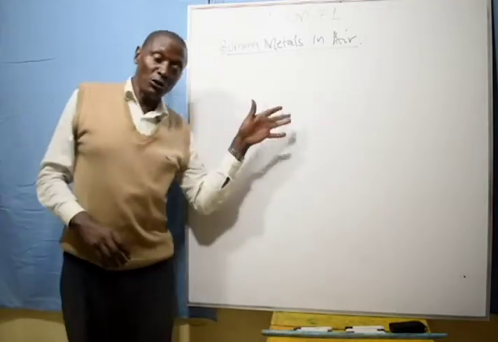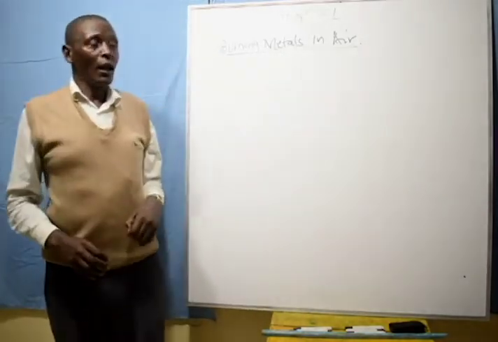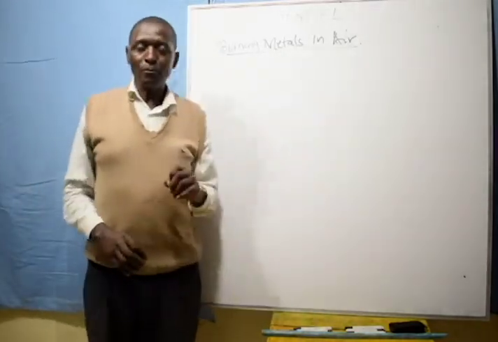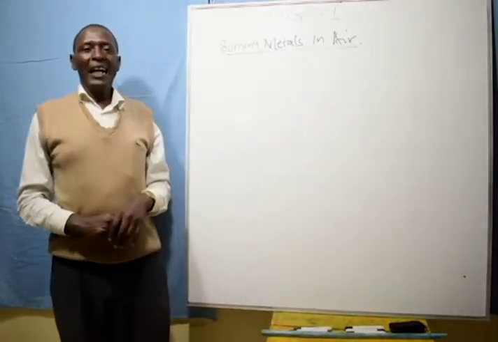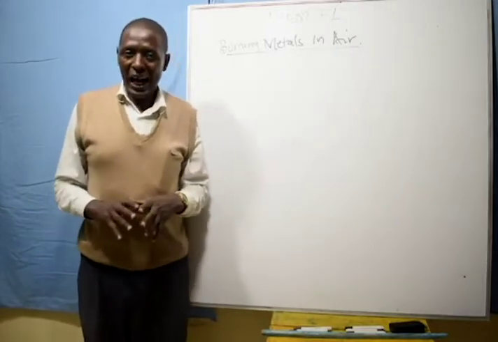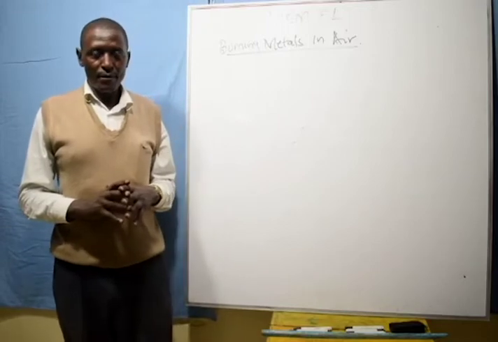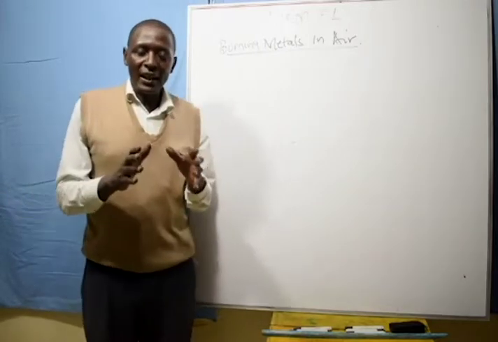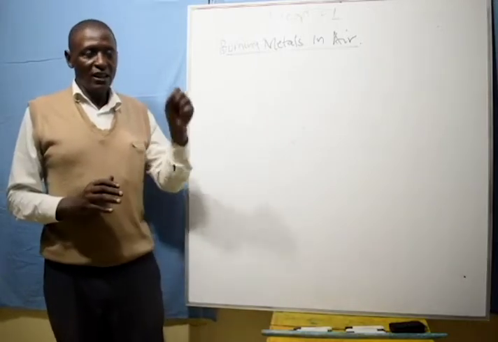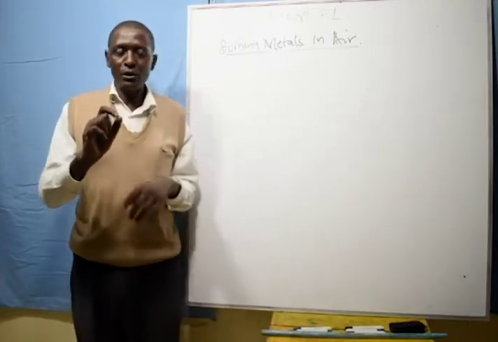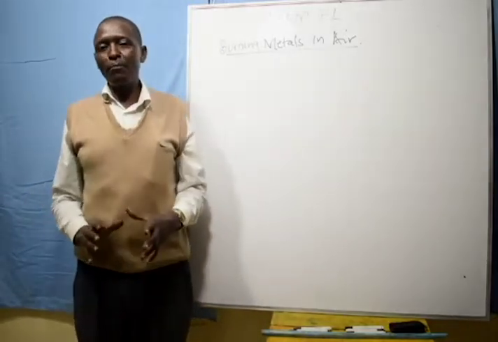I want now to mention the observations we should expect. When a small piece of sodium is heated strongly on a Bunsen burner flame, it sparks and burns with a yellow flame. When the experiment is repeated using calcium, you hold the calcium piece using a pair of tongs and heat it strongly on a Bunsen burner flame.